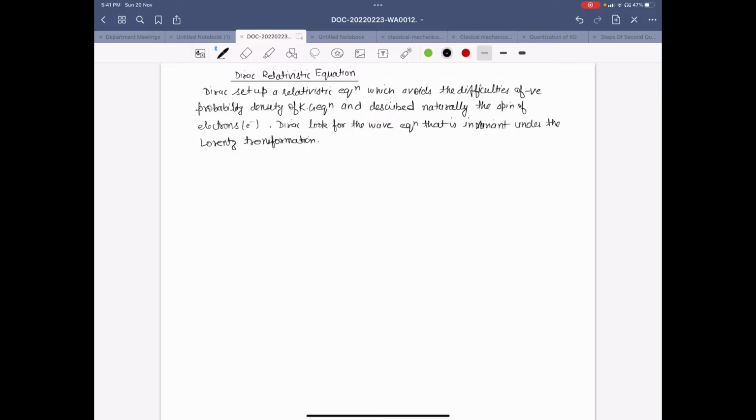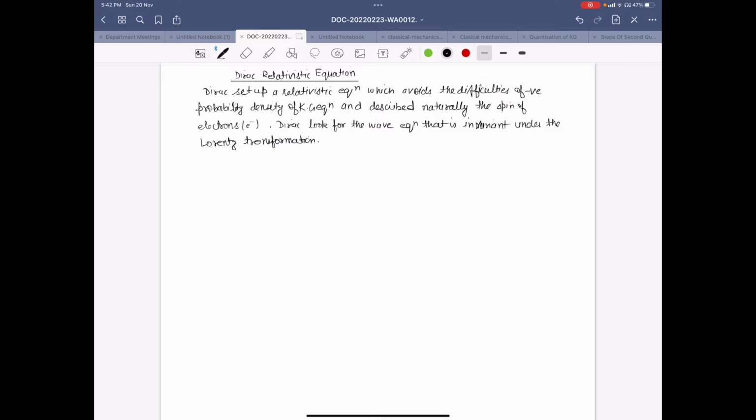To avoid the negative probability, he took that the equation must be linear in time, and for symmetry, he took that it should be linear with p momentum, or you can say that it should be linear in space. So for that purpose, he took px, py, pz.